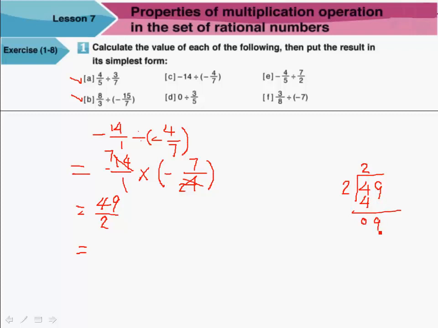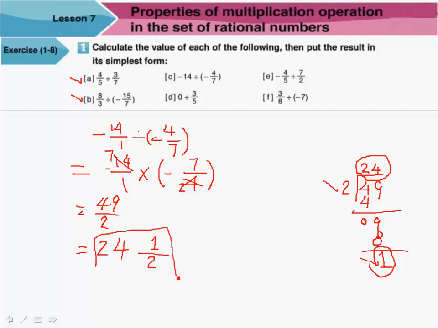And we have 9. 9 divided by 2 is 4. 4 times 2 is 8. 9 minus 8 is equal 1. 1 is smaller than 2. So the answer will be 24 as the integer number, 24, and the remainder is 1, which we write at the numerator, and we have denominator is 2. This is the denominator. So the answer will be 24 and half.